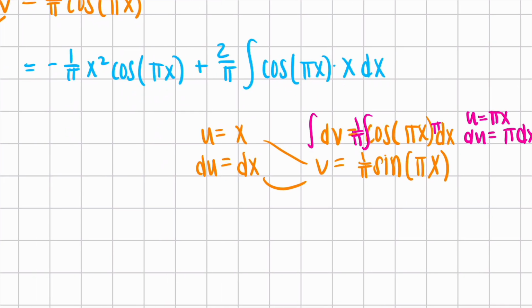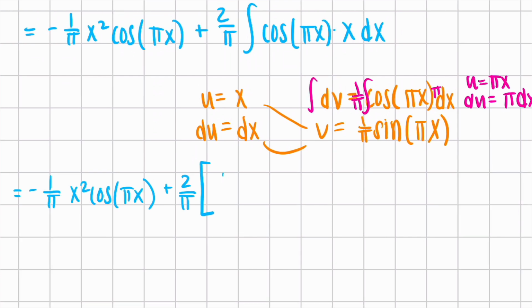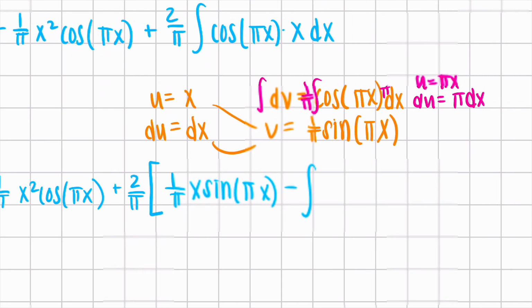All right, so for my next line of work, I'm going to copy this same first term. And then I have plus 2 over pi times my integration by parts formula. So I have u times v minus the integral of v du.